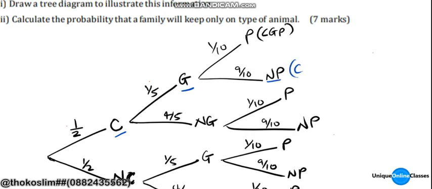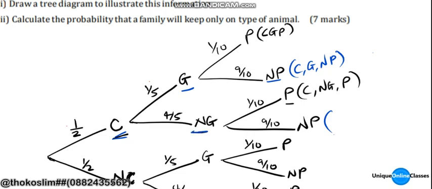Then chicken, no goat, pig. And then chicken, no goat, no pig.